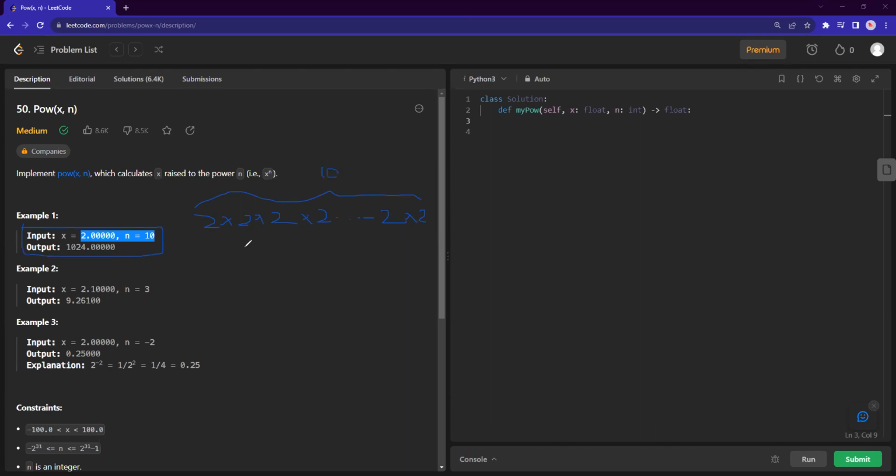But another way to get this answer is to see that there will be 5 pairs of 4s: 4 times 4 times 4 times 4 times 4. So this is another combination. 5 4s will also give us the same result, because we can just group them.